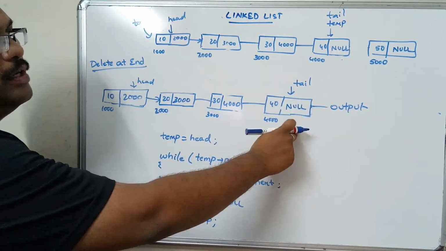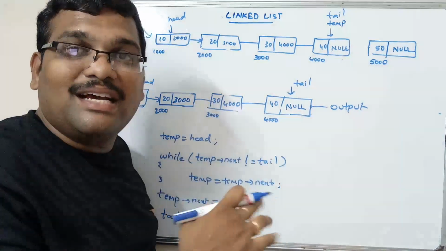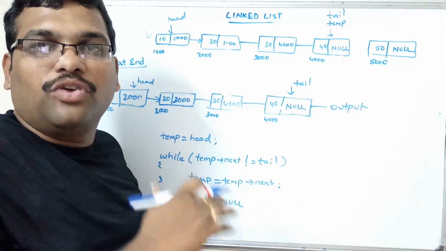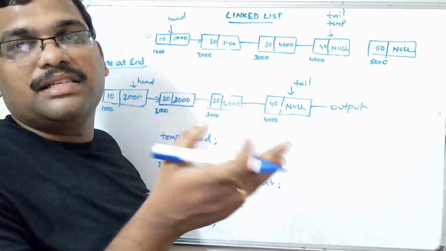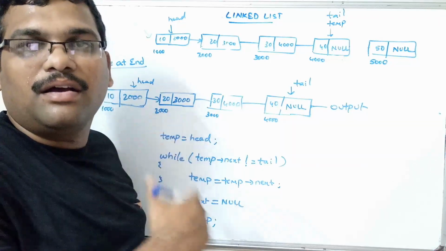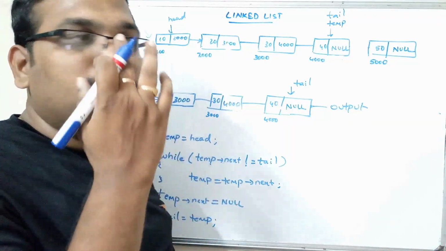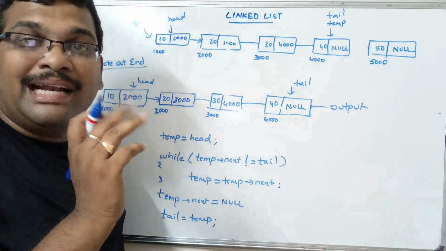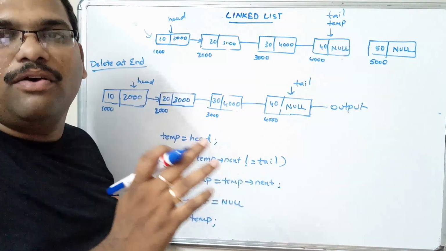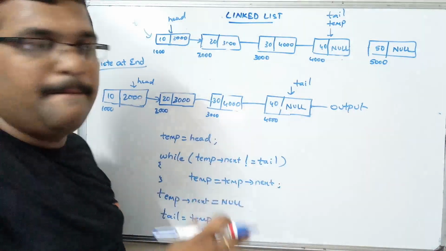We got the output. So just we have to disconnect the link. So if you disconnect the link, automatically the element is deleted in our perspective, right? So how to disconnect the node? So placing the null value at the address field of that particular node, the previous node.